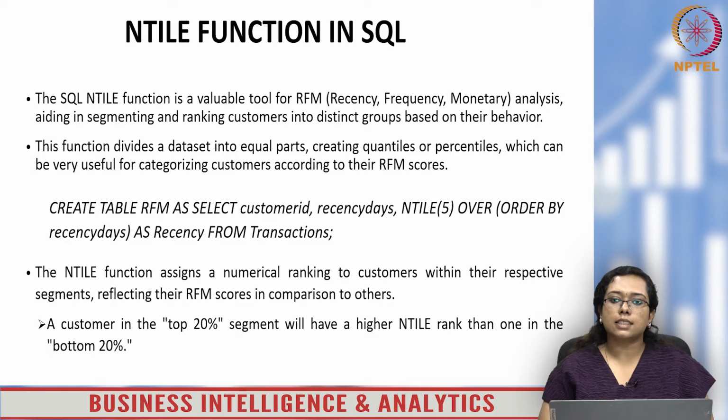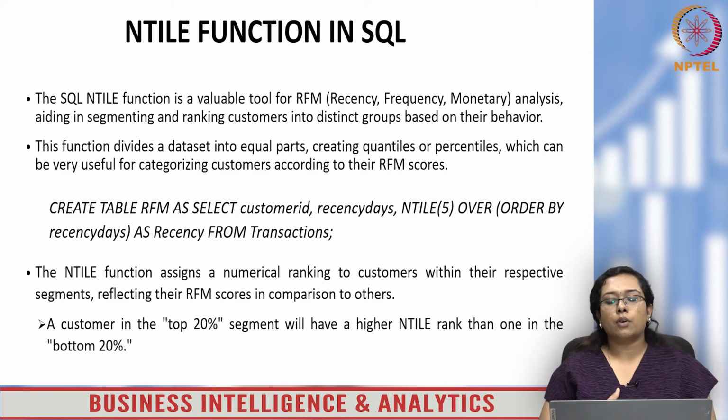So we have got the recency in terms of days, that is what we are selecting here, and then we are using the NTILE function to group it into 5 percentiles or 5 segments. That is why we have given 5 over order by recency days. So we are ordering it in ascending order by recency days, with the alias recency, from the transaction table. The transaction table is the raw data that we have. So we are giving the new name recency for the value that we are going to calculate.